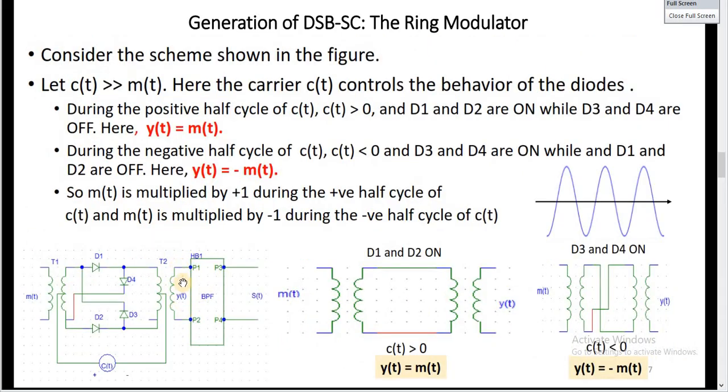Y of t is applied to a band pass filter, and the role of the band pass filter is to admit only a double sideband signal around the carrier frequency Fc and suppress all other high frequency terms. So this is the function of the filter.